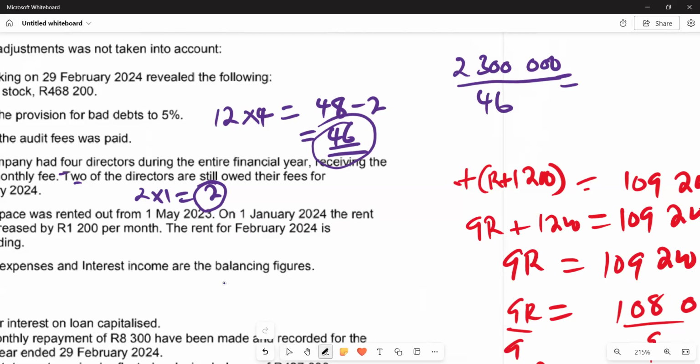So each month you're supposed to receive 50,000. But we have 2 months being owed, so we multiply by 2, and we get 100,000. So you need to add 100,000 to 2,300,000 so that we can get what was supposed to be the directors' fees for the entire year for the 4 directors.